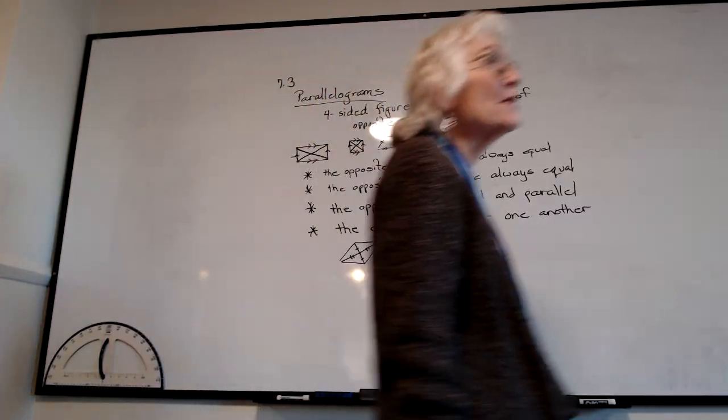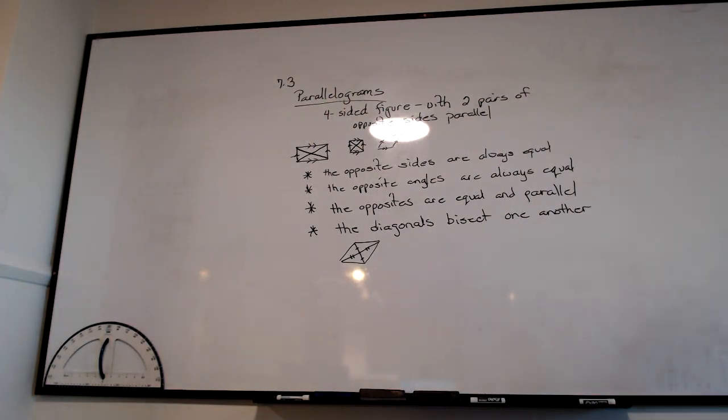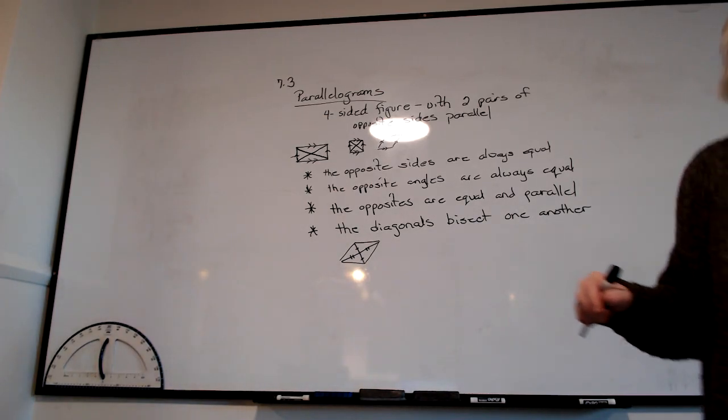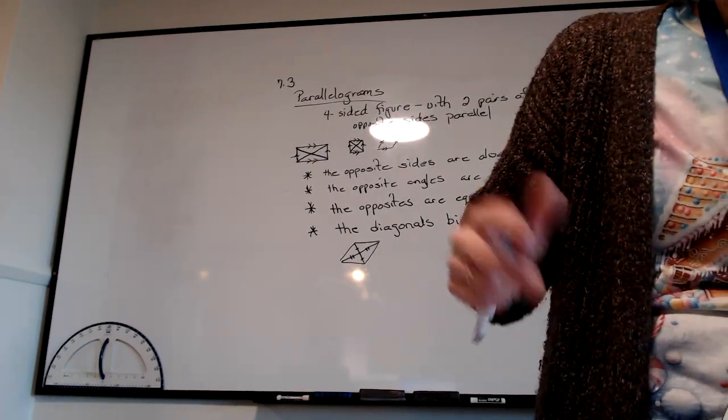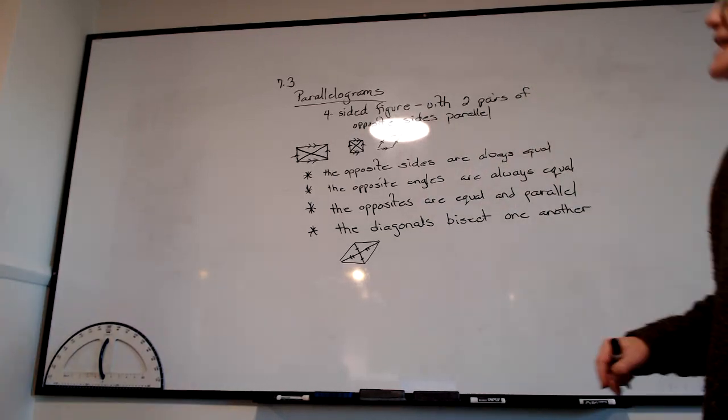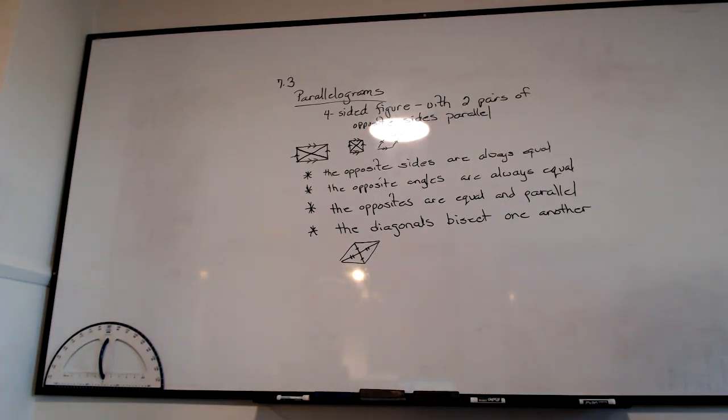So in a square, they are perpendicular because those lines are the same size. But in a rectangle, they're not. We just know they bisect each other. They're the same size, but they're not necessarily at a 90-degree angle. So that's what they're looking at in 7.3. They're just giving you more information about parallelograms and what you know about them.